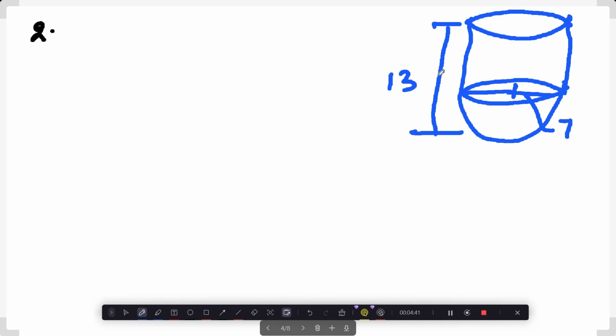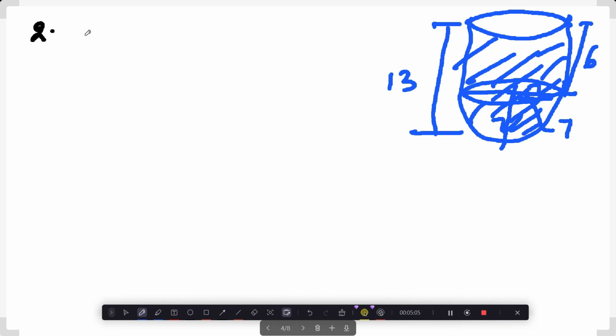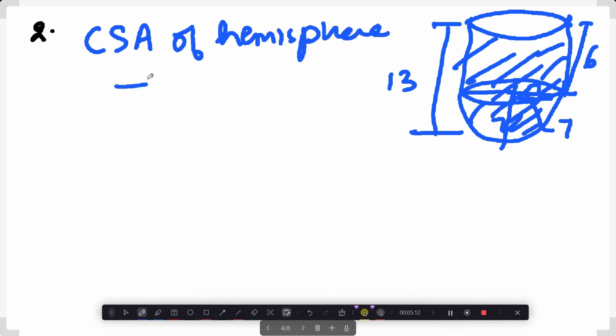We have to find the inner surface area of the vessel. If the total height is 13, the height of the cylinder will be 13 minus 7, because the hemisphere's height is also 7. So this is 6. For the inner surface area, it will be the curved surface area of the hemisphere plus the curved surface area of the cylinder.